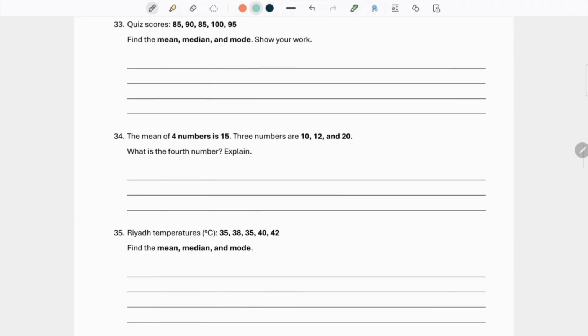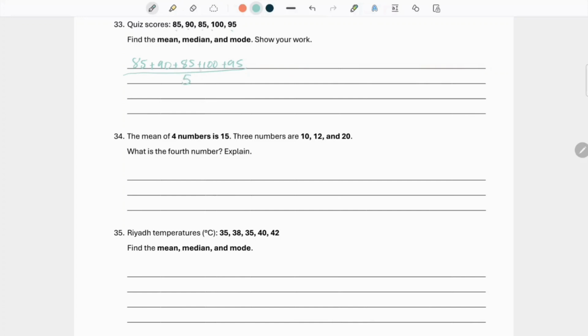It says find the mean, median, and mode. Make sure you show your working out. So we know that mean is the sum of the values divided by how many there are. So we're going to do 85 plus 90 plus 85 plus 100 plus 95 divided by how many there are. 1, 2, 3, 4, 5.